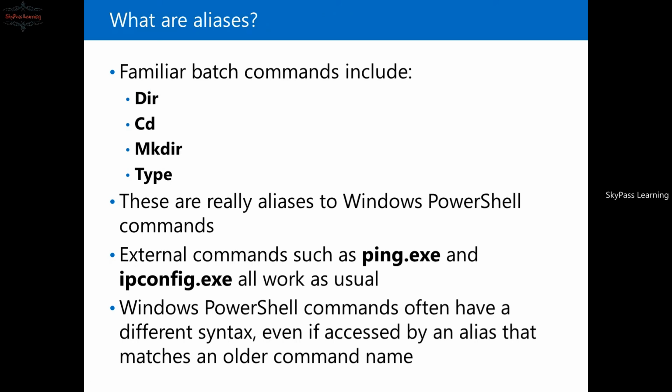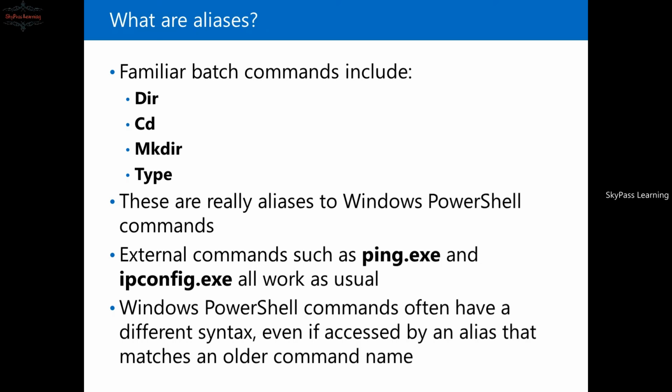Now, one more thing is aliases. So what have we added additionally with this? In Windows PowerShell, we have the CMD CLI as an integrated part. So you will get dir, cd, mkdir, type, the DOS commands. DOS, the disk operating system, is one of the old legacy command interfaces.